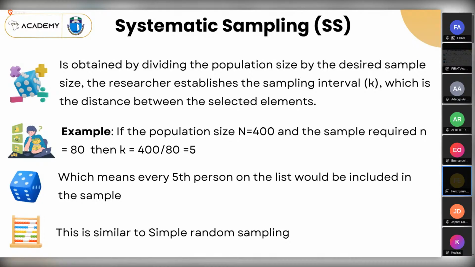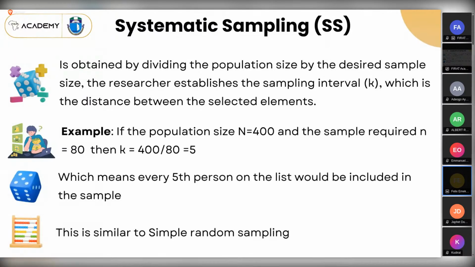So you will go to the antenatal clinic and ask them, what is the number of women you usually receive in a day? And they will tell you, okay, we usually have 400 women come in a day. Okay, and you have calculated the sample size of women you need, and it is 80.